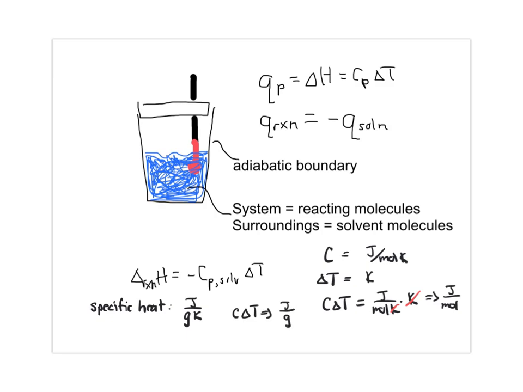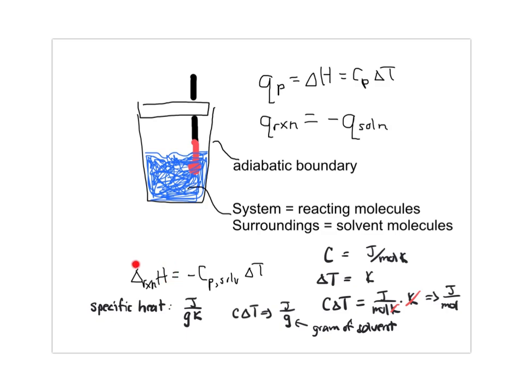Now this is going to be joules per gram of the solvent. And so it's important that I keep track of what I mean by per gram and per mole. Since I'm measuring the temperature change in the solvent, and I'm using the heat capacity of the solvent, this is the grams of solvent or the moles of solvent.